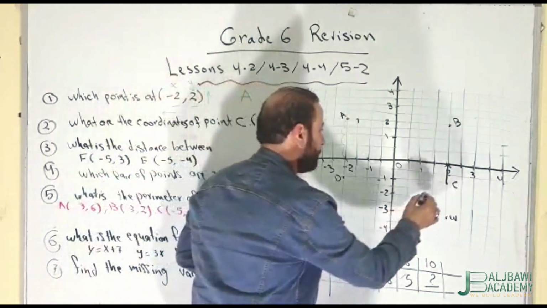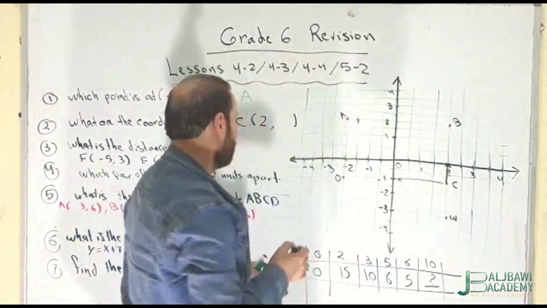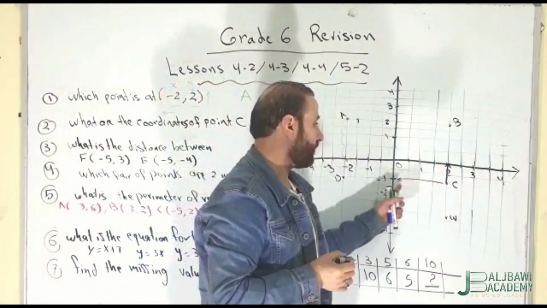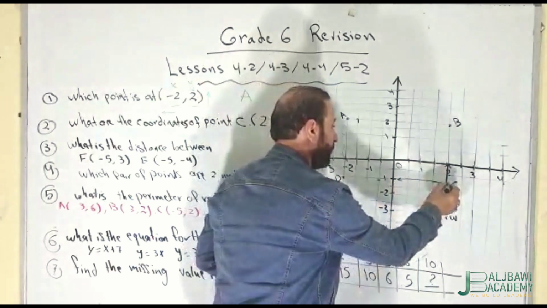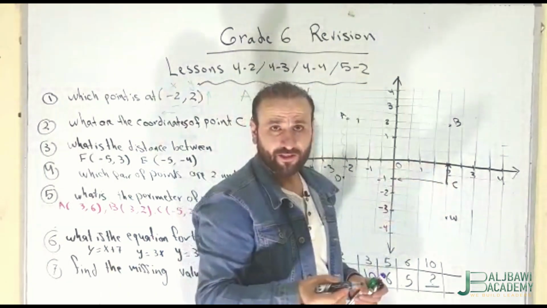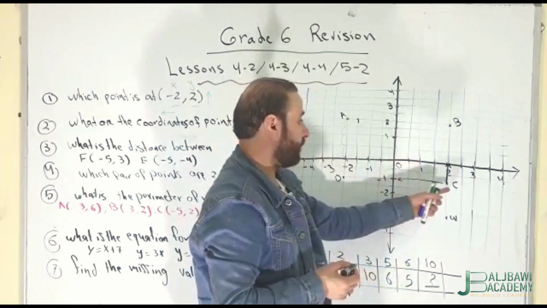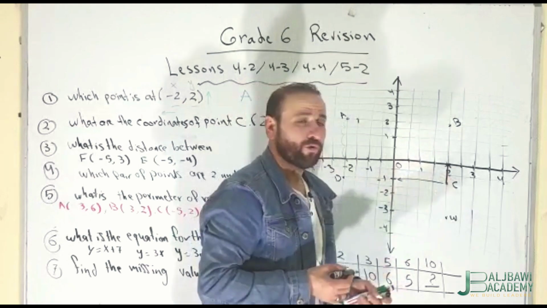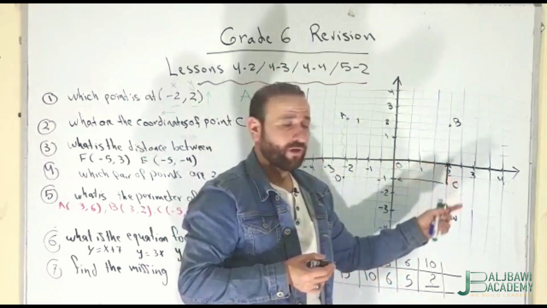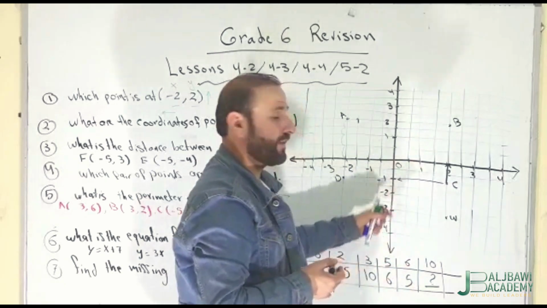And the y coordinate is here, so it is -1. To find them, we see how many units the point went right or left, and how many units it went up or down. For point C, it went 2 units to the right, so the x coordinate is 2, and it went 1 unit down, so it is -1.